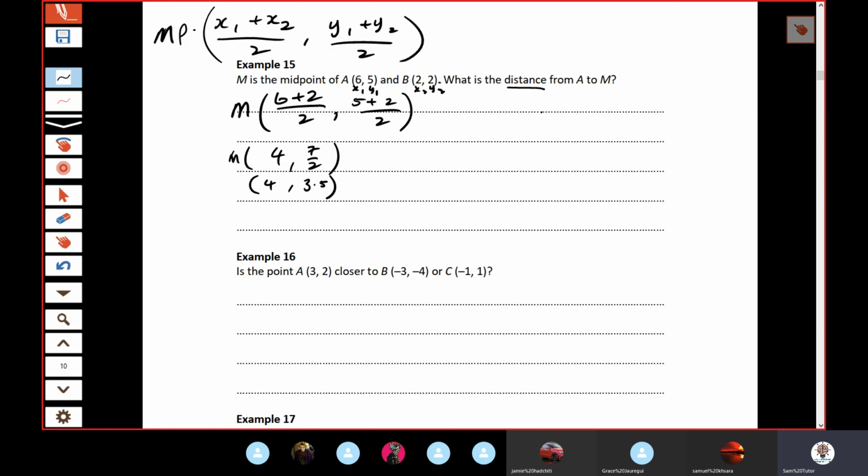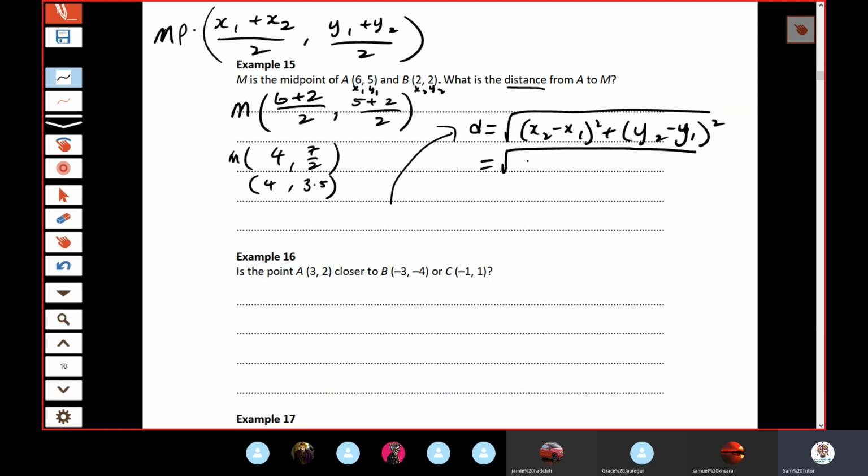What is the distance from A to M? So now that you're done, we're trying to find the distance. Distance is this massive formula: x2 minus x1, y2 minus y1. All right, here we go. M. So M and okay.